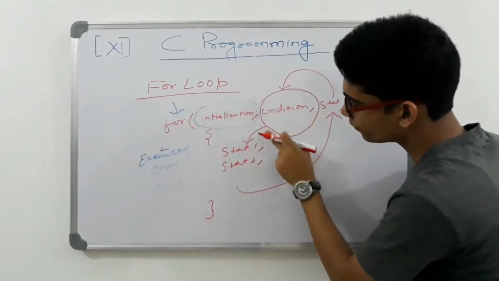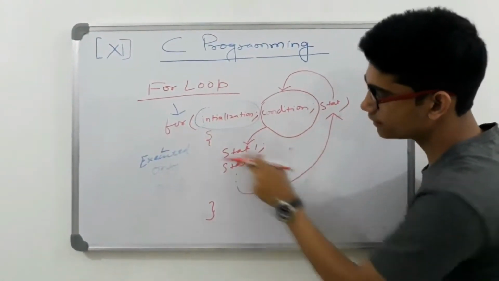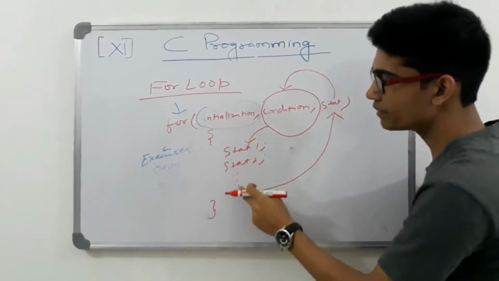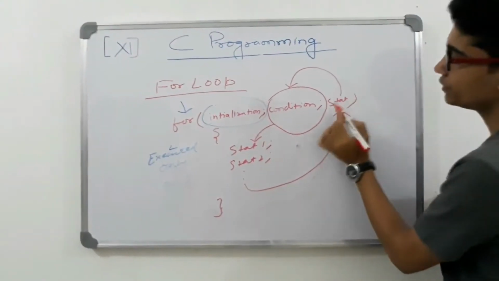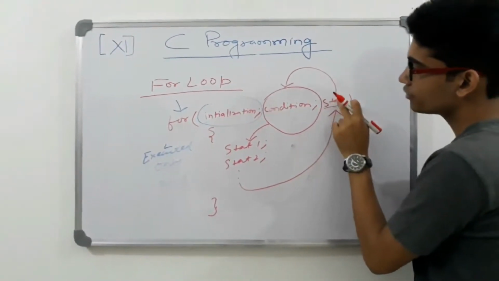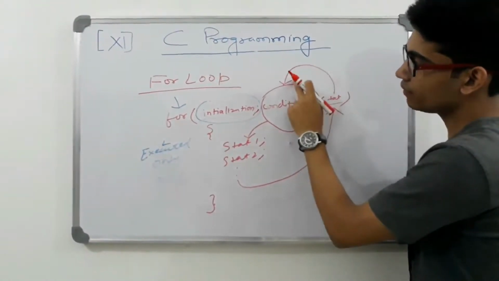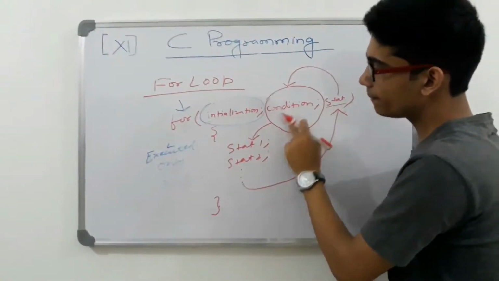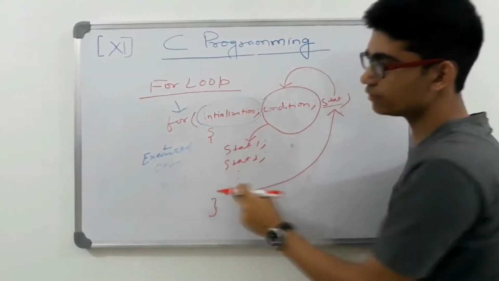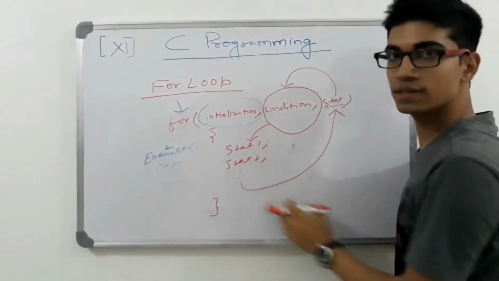If the condition is true, all the statements inside the braces will be executed. After the last statement, the control will jump to the update statement, and after its execution, again the condition will be checked. Now if the condition is false, the statements will not be executed and we will come out of this loop.